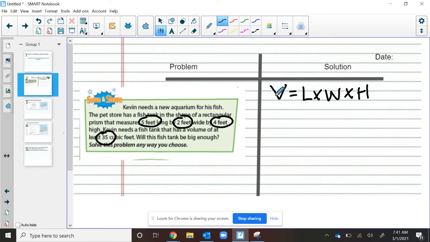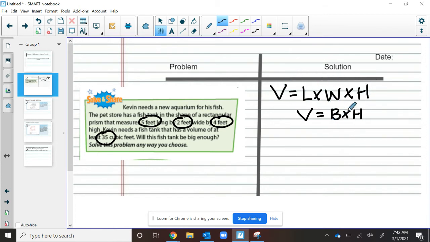What this stands for is the V is for volume equals the length times width times height. Sometimes you may also see something that looks like this: base times height. The B is for base. The base is very similar to the length times width. So sometimes you'll see this. Most of the time we'll probably use this one though.